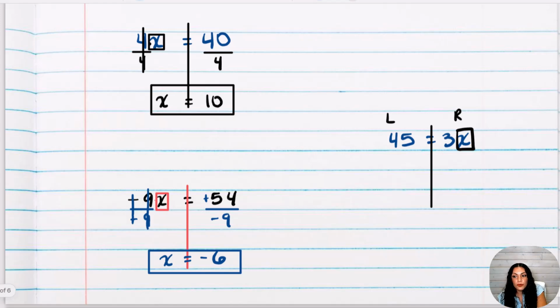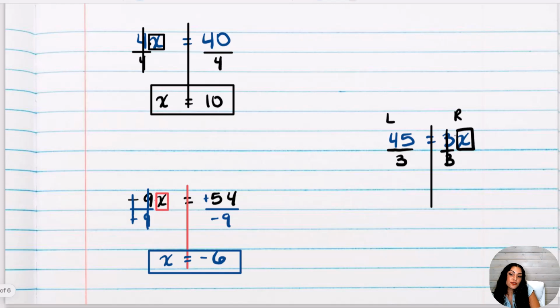And we see that a 3 is multiplying to it. So the inverse operation is to divide by 3, because 3 divided by 3 leaves us with 1. And whatever we do on one side, we do on the other. We did it on the right side this time, so we are going to divide by 3 on the left side this time. And we end up working from left to right.